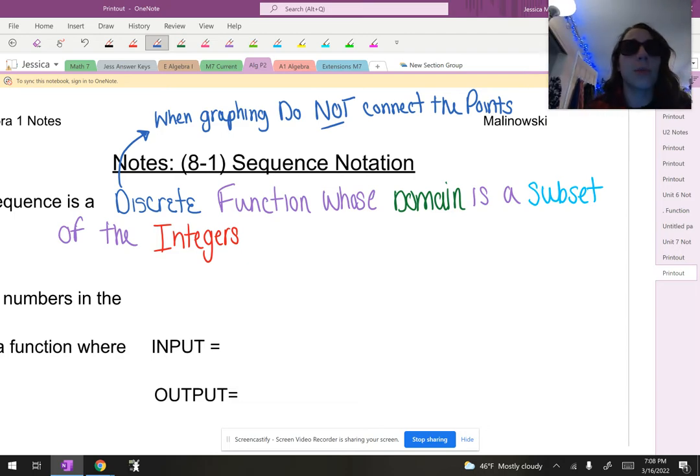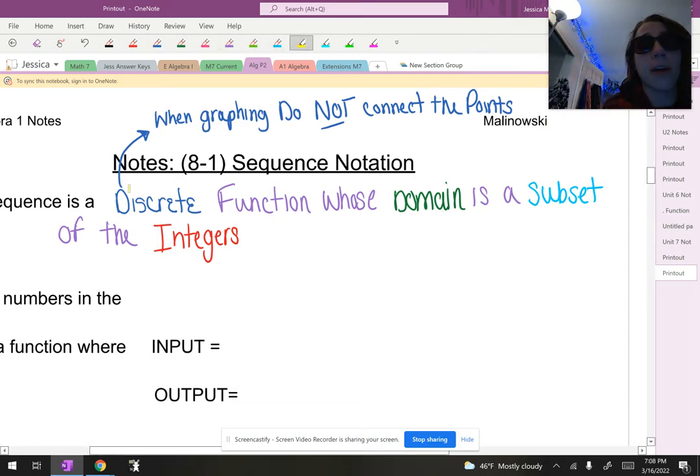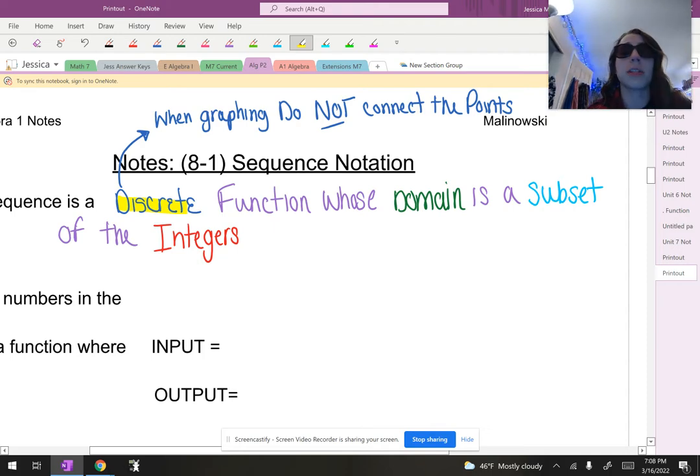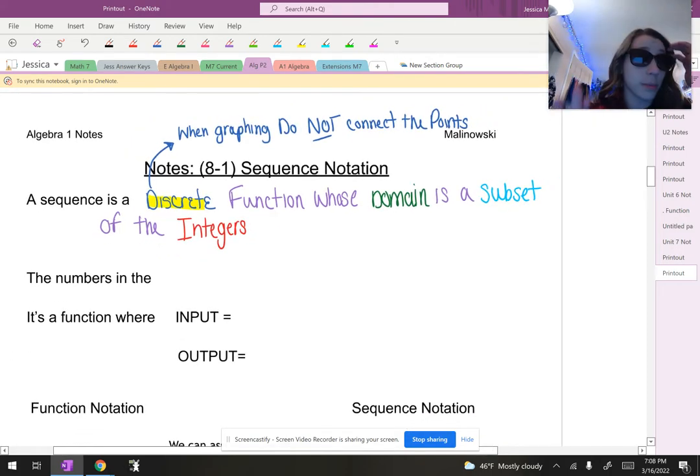So that is what the word discrete means here for now. That's what we're going to focus on. Discrete means that when you're graphing it, you're not connecting the points. You have some practice problems like that.